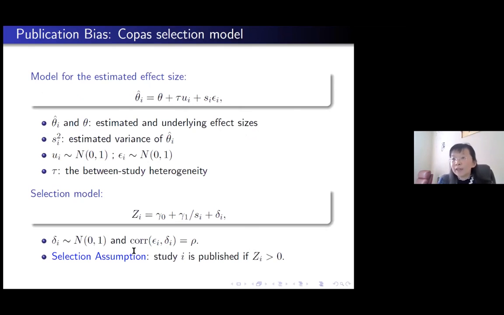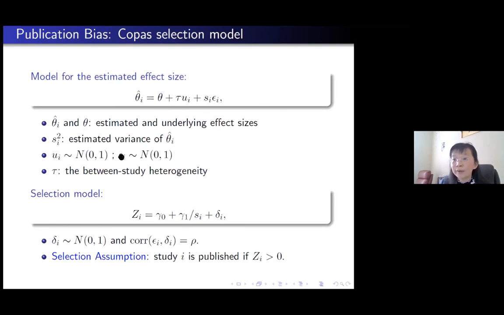Specifically, the Copas model includes two components. One is a model for the estimated effect size, and the other is for the publication process. In the first model, theta hat and theta are the estimated and the underlying effect sizes. The parameter tau describes the between-study heterogeneity.